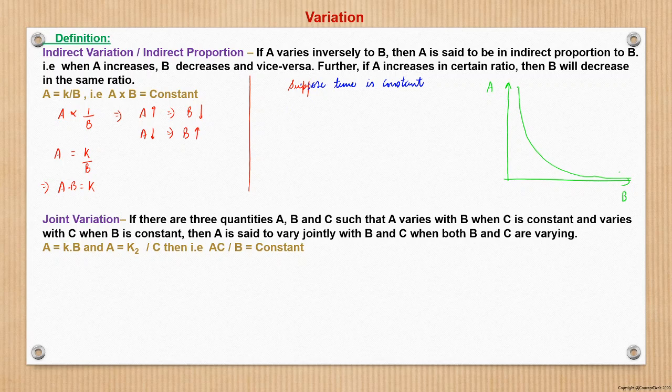So what happens, the higher the speed, in the same time if the speed increases, the distance covered will be, sorry, let the distance be constant. Distance is constant.